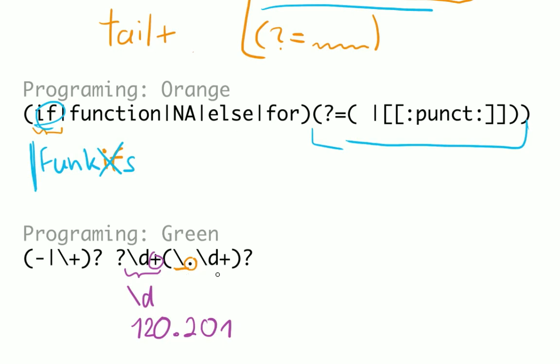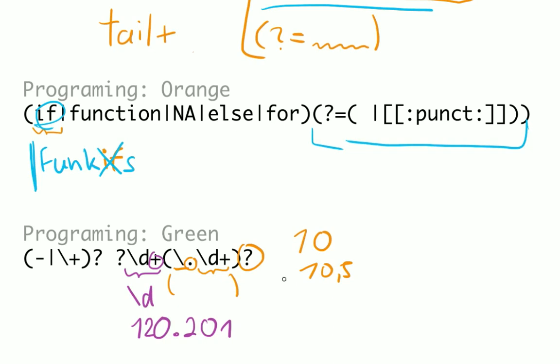And then we use again our expression for a large or small number. By putting the whole thing in brackets and then adding a question mark, we can say this can be there 1 or 0 times. This means it can be there, but it also can be missing. So right now, if we write a 10, it gets formatted green, or if we write a 10.5, it also gets formatted in green as well.